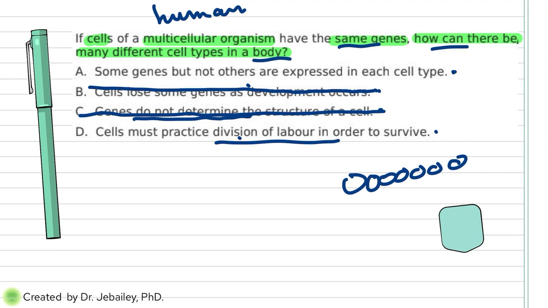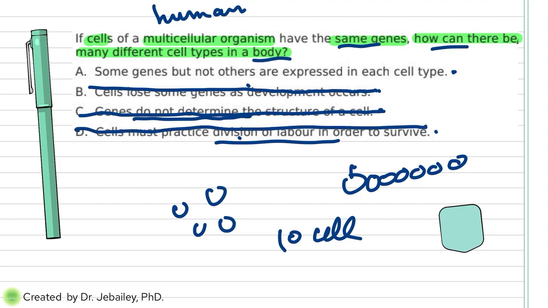If you want to make sure they have different labors, then there should be just one cell for your heart, one for your lung. That would be really funny. Imagine you have one heart cell, just one lung cell, and then just one leg cell, and then one finger cell. You probably would be made of maybe 10 cells maximum in your life, and we are made of trillions of cells, so nah.